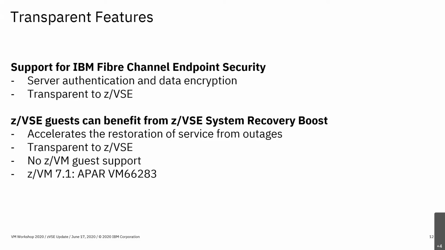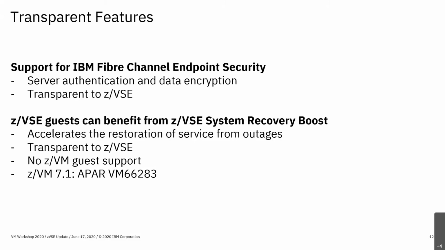The second feature is CVM support for System Recovery Boost. System Recovery Boost reduces the time it takes to shut down, restart, and process the backlog accumulated during a system outage. This is achieved by providing additional processor capacity for sub-capacity models. This means the CVM guest like VSE can benefit from System Recovery Boost support by inheriting the speed boost, although there is no CVM guest support.